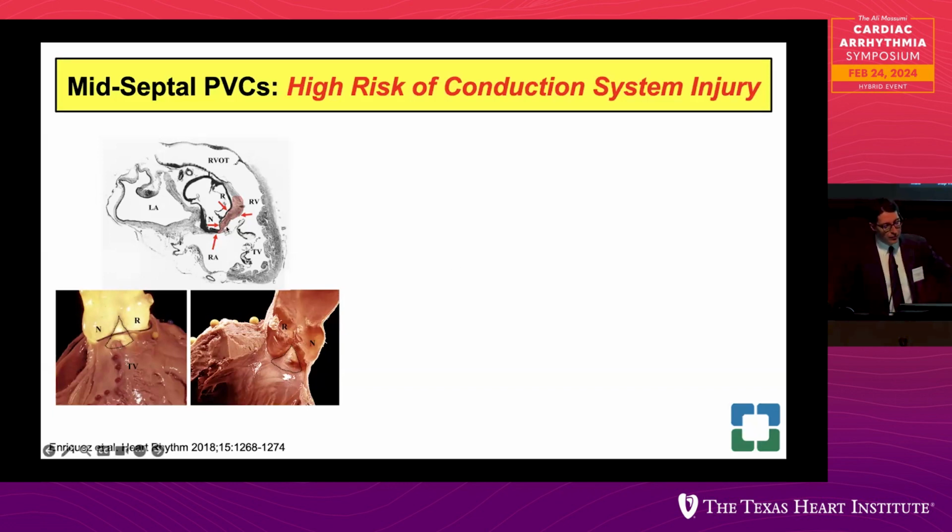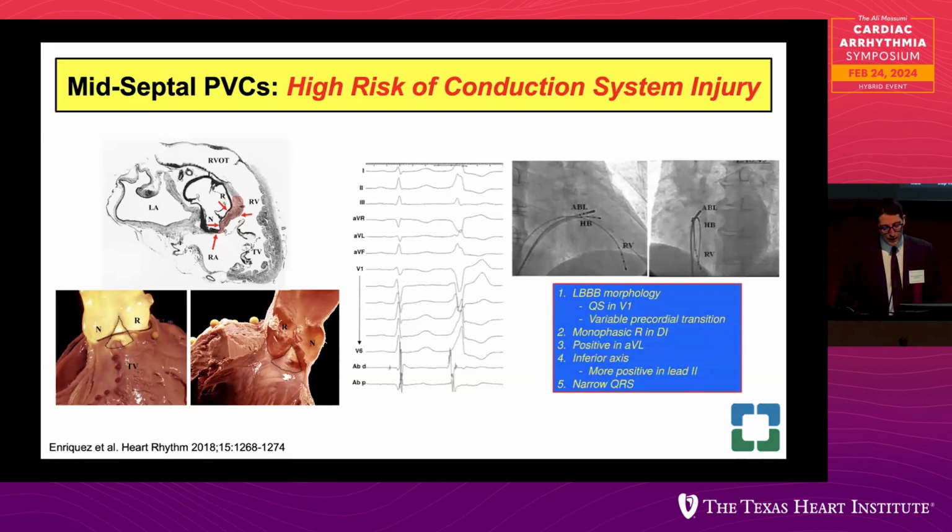Essentially, the tissue that we are targeting here is the tissue between the septal leaflet of the tricuspid annulus and the septum. The His will be much more proximal to that, on the atrial side. So why is that important? If you ablate a parahisian PVC with a direct approach like this, the tricuspid annulus will shift anterior and posterior by about 1 to 1.5 centimeters, as you know from echo, from TAPSE, the tricuspid annular motion with systole.